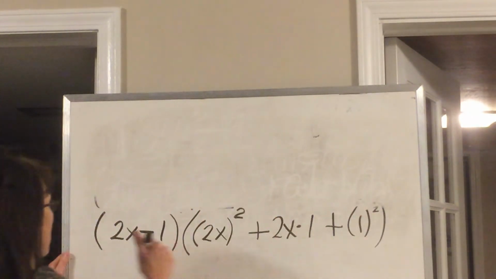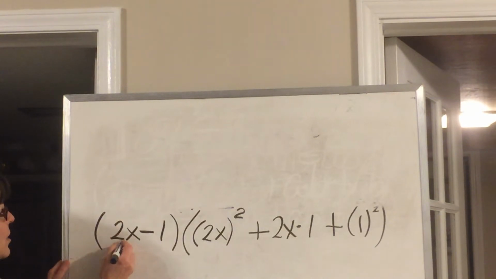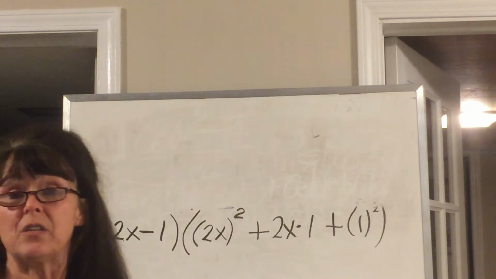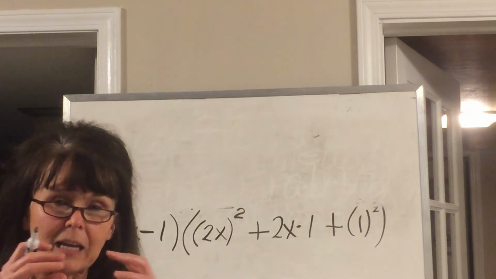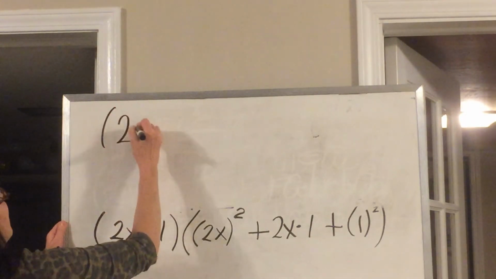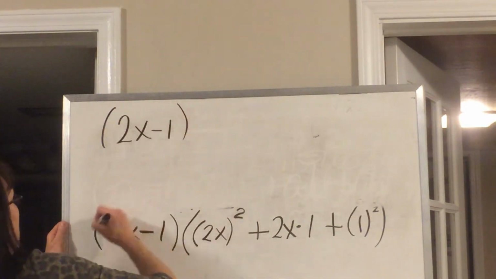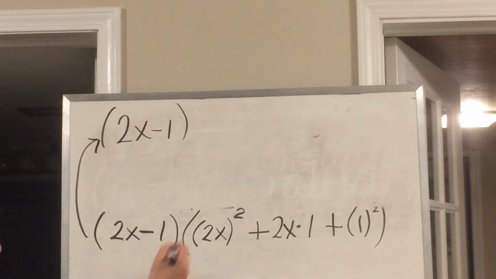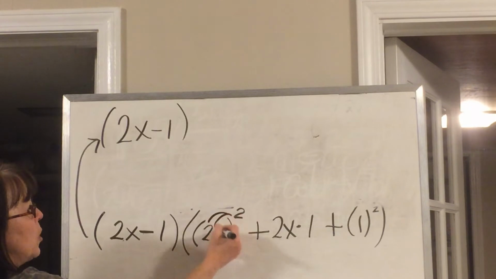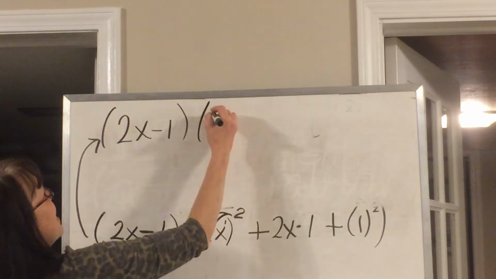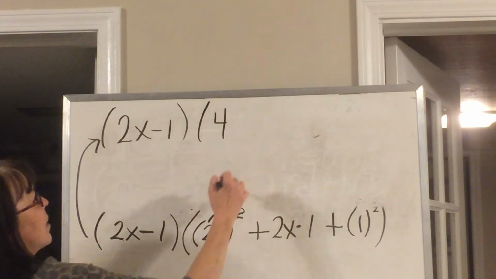Now I've got to simplify. Well, x's don't subtract with 1s. Since x's don't subtract with numbers, you can't combine those, so you're just going to bring it down: 2x minus 1. Going back up to the top of my board. This is the power rule. So 2 squared, that's going to give you 4.